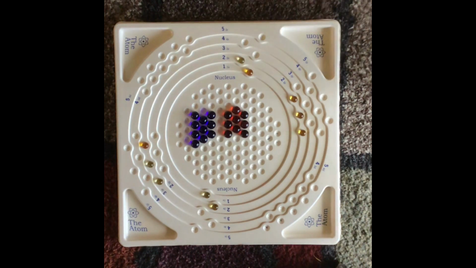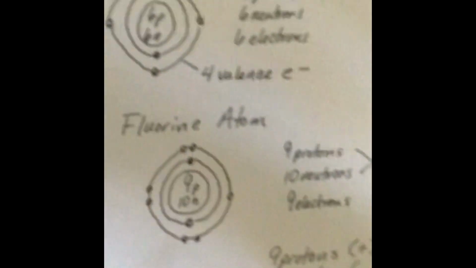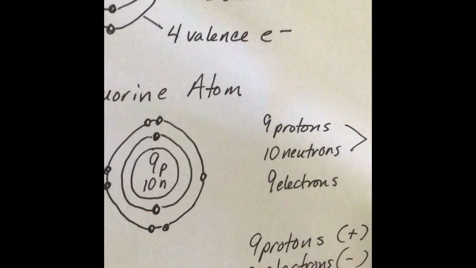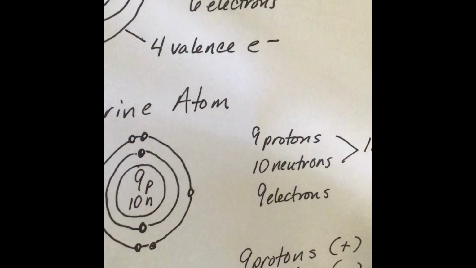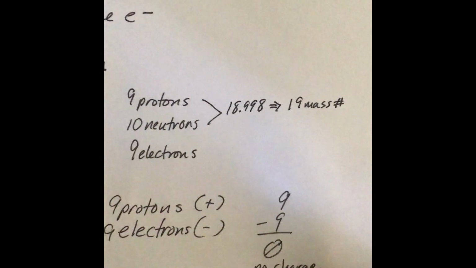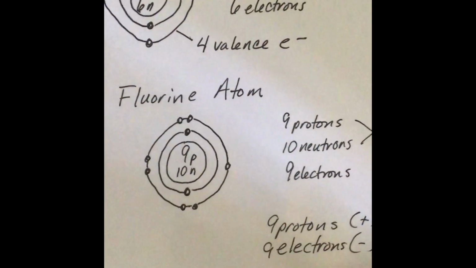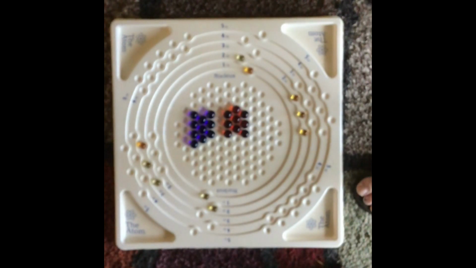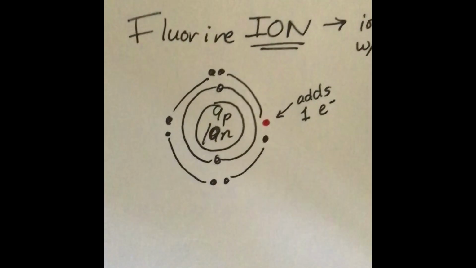But wait a minute. We did not change the number of protons, did we? So here's what the fluorine atom looks like. Here's our fluorine atom, with its 9 protons and 9 electrons, and that's going to be neutral. That equals 0, no charge, right? But we're going to add an electron. You see the one in red there?